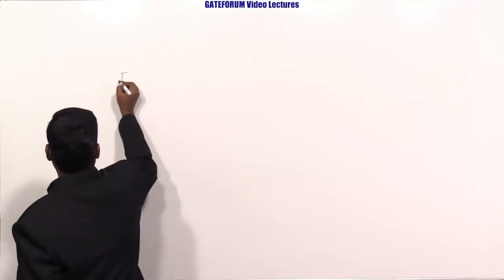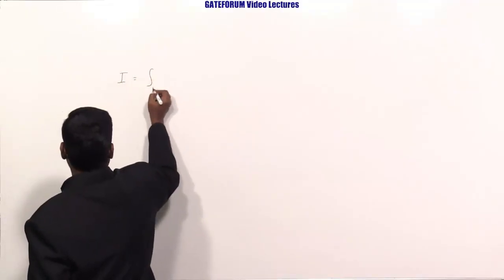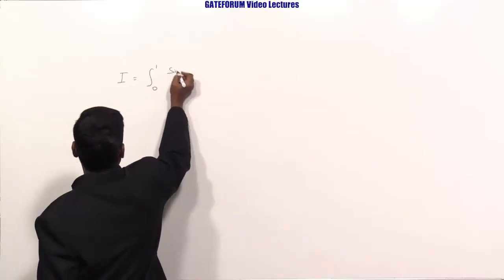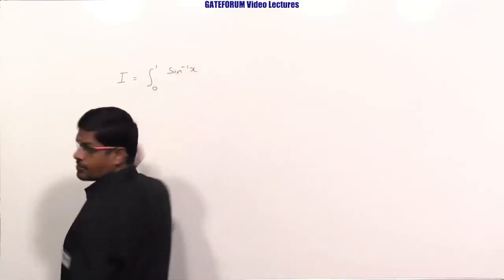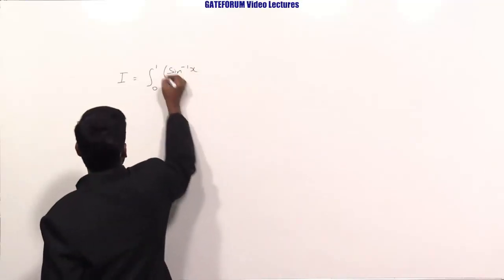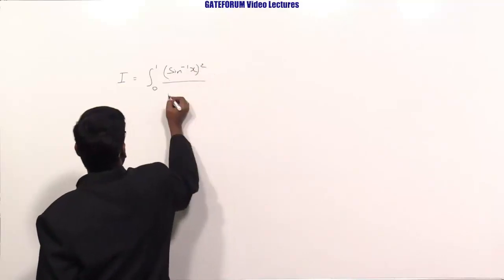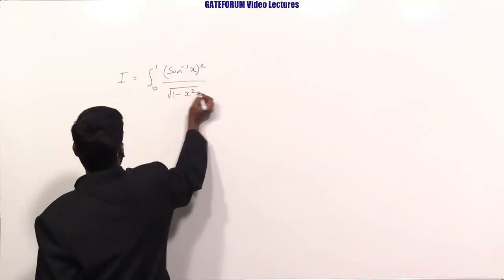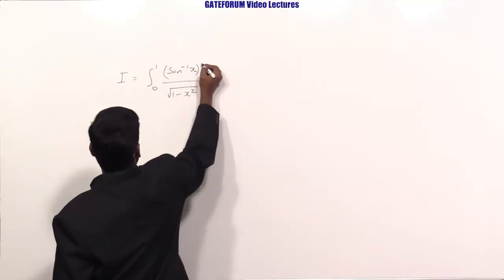so given I is equal to integral 0 to 1 sin inverse x whole square divided by root over 1 minus x square dx.